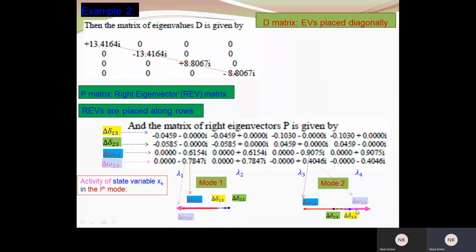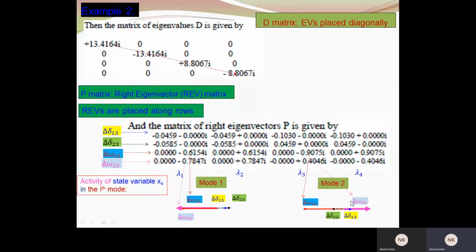So when we plot them, we find here that it is omega and delta, and omega and delta. So it means that for the case of mode 2, the rotor angles of the generators here are in opposite phase of oscillation.